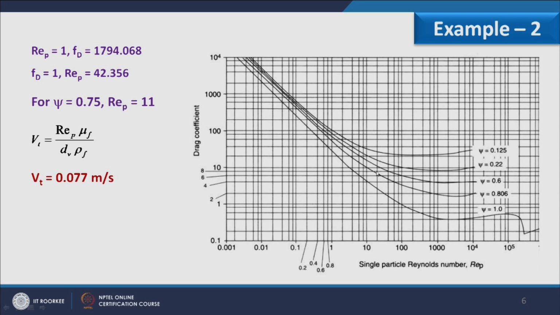Now, to point out that value, first of all we have to mark these points. For example, corresponding to Reynolds number 1, the value of Fd is coming as 1794, which is this point, and corresponding to Fd value 1, we have the Reynolds number 42.35.